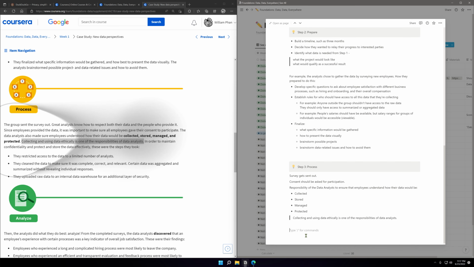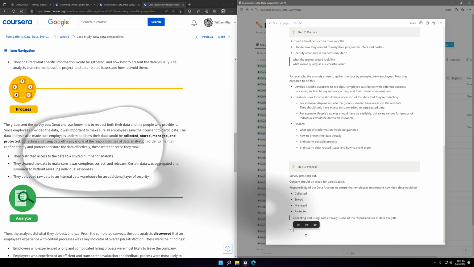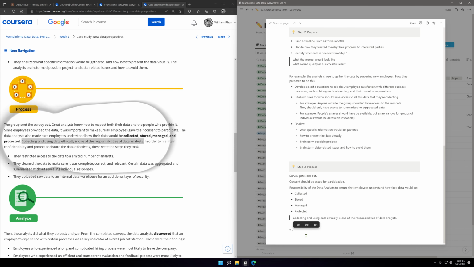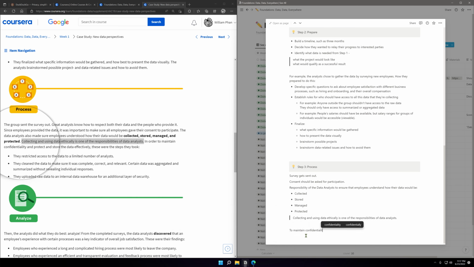To maintain confidentiality and protect the data, here are the steps taken.